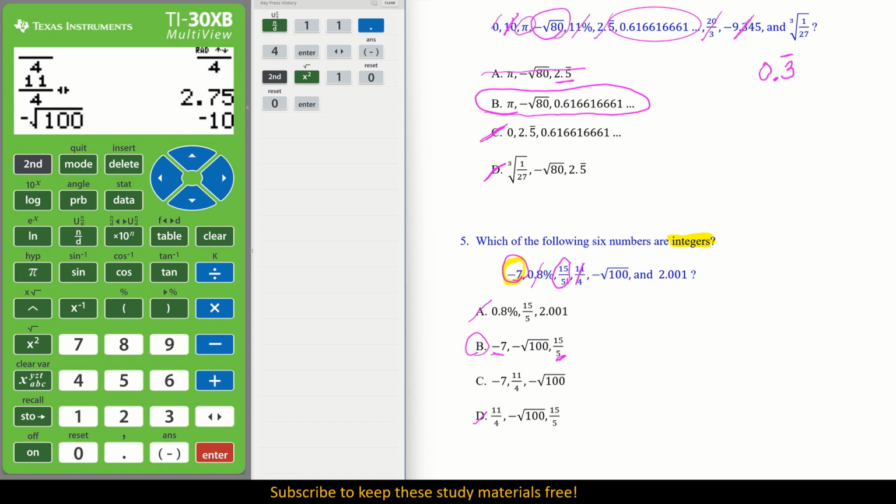Negative 10 is an integer, so that should be in your list. Well, that is in the list of B. Okay, and notice that C includes a non-integer item, so that has to be excluded. So we verified that B is the correct option. And again, if we look at the last item, that's obviously a decimal and not an integer.